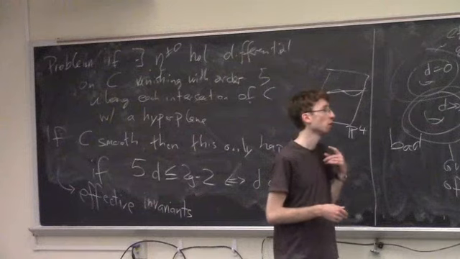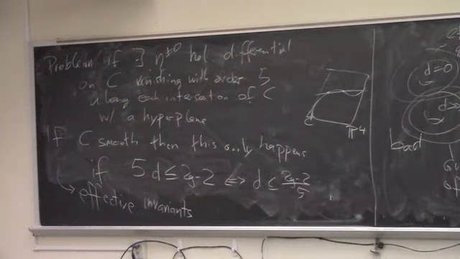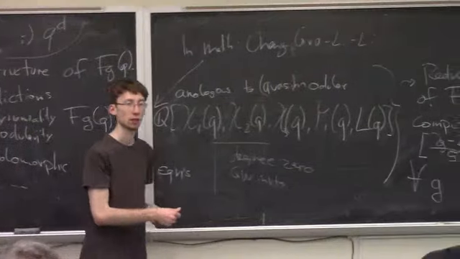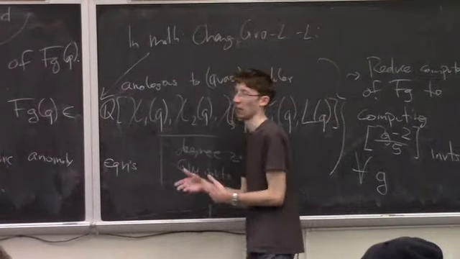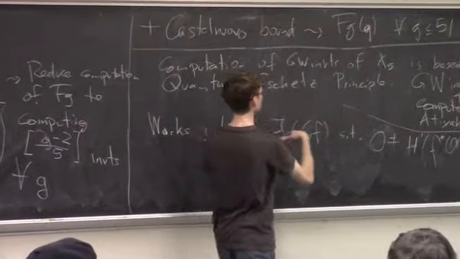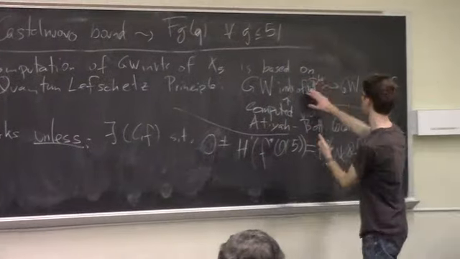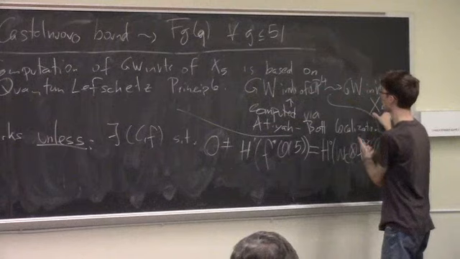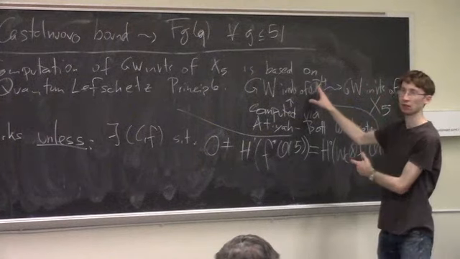But we expect the story to be true for every Calabi-Yau threefold. But our method doesn't apply to it. Our method is related to the quantum Lefschetz principle. So what we need is some nice ambient space and a hypersurface, or a complete intersection in a nice ambient space.